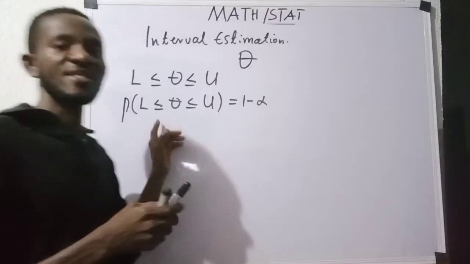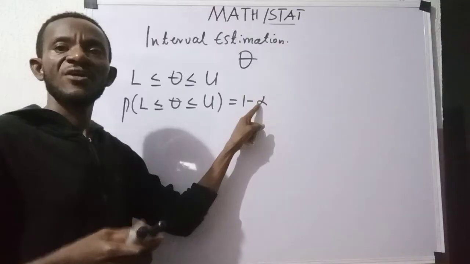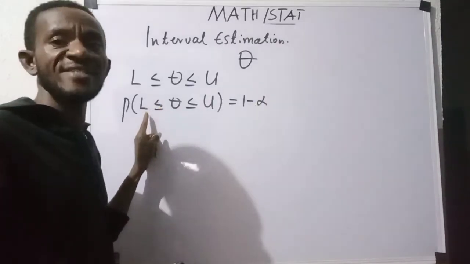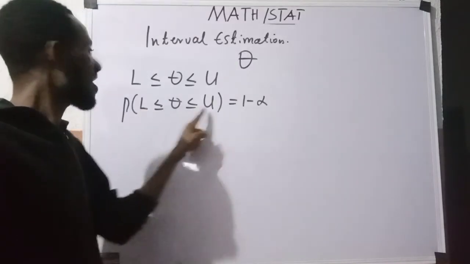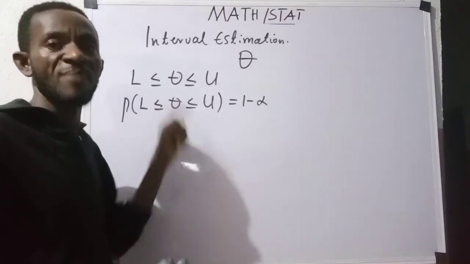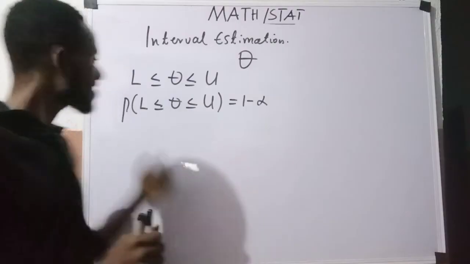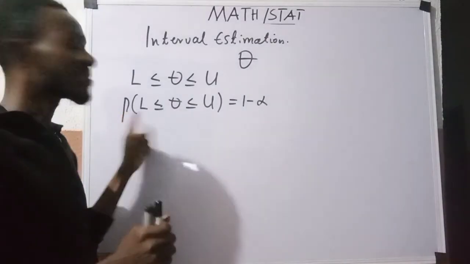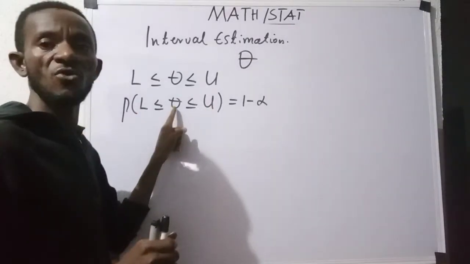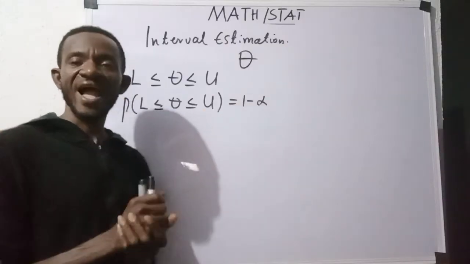What we are saying here is that we are 1 minus alpha confident that our confidence interval L and U is going to contain the unknown population parameter theta. Or put in another way, the probability that our confidence interval L and U contains the unknown population parameter theta is given as 1 minus alpha.